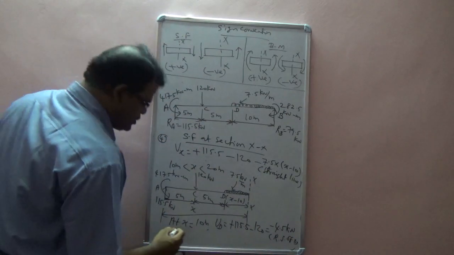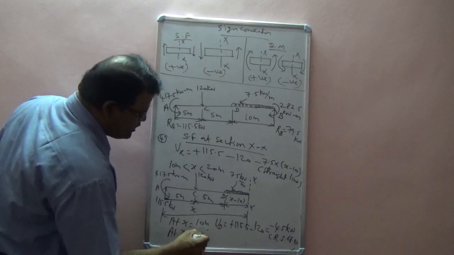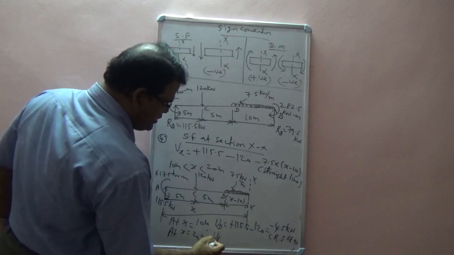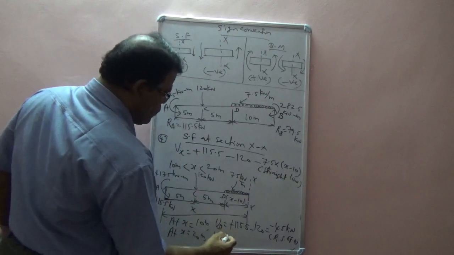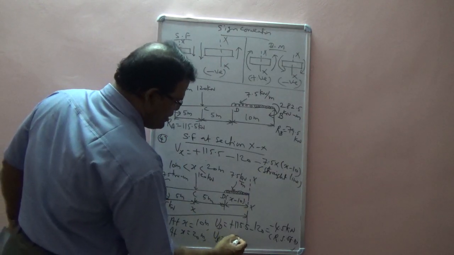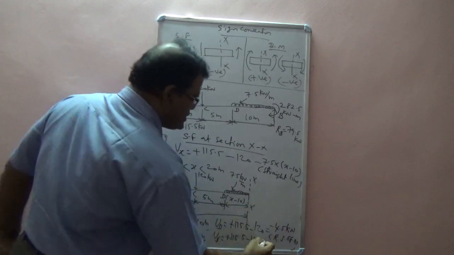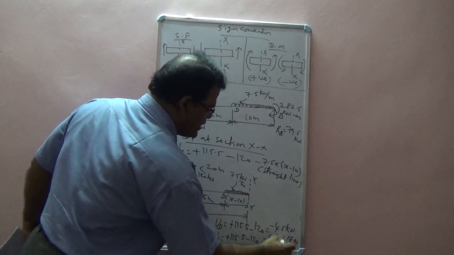Next at x is equal to 20 meter, that represents V suffix B. So therefore 20 if you put up, this is going to be plus 115.5 minus 120 minus 7.5, 20 minus 10.